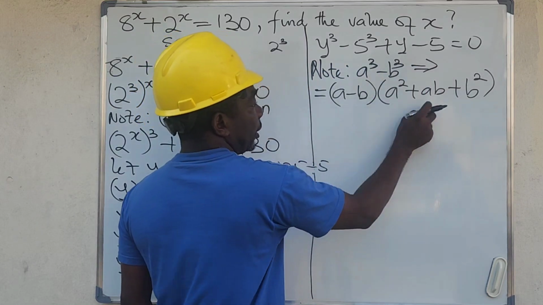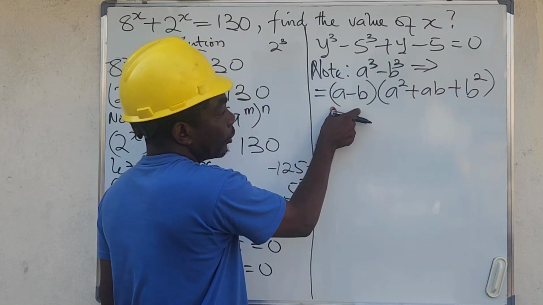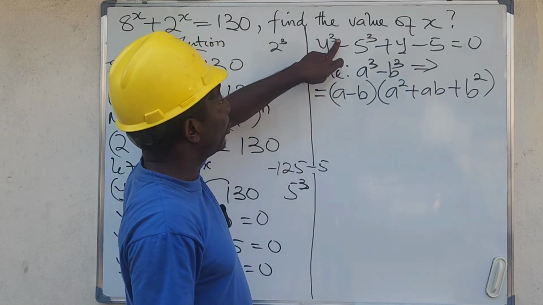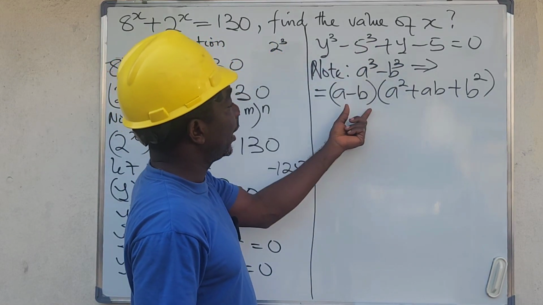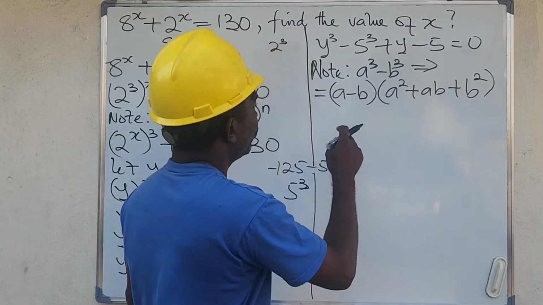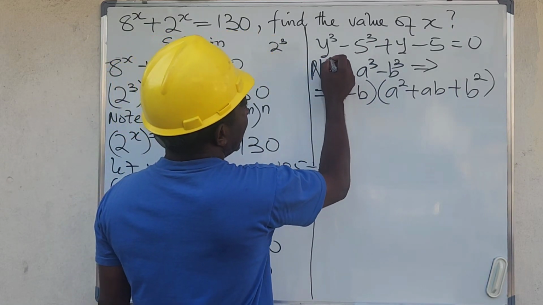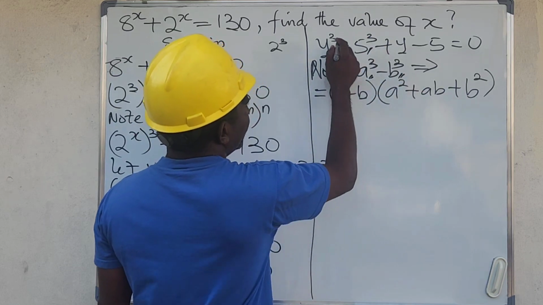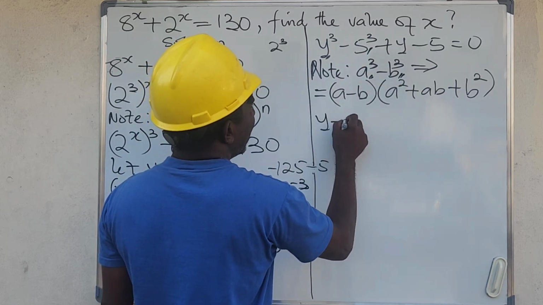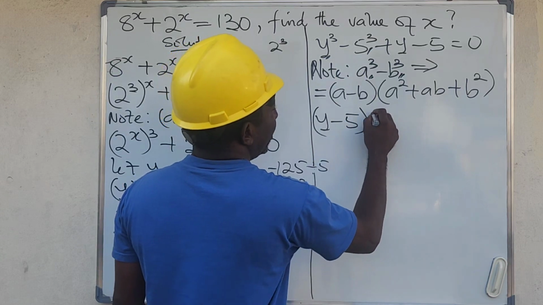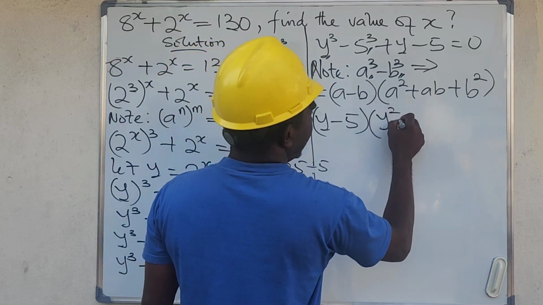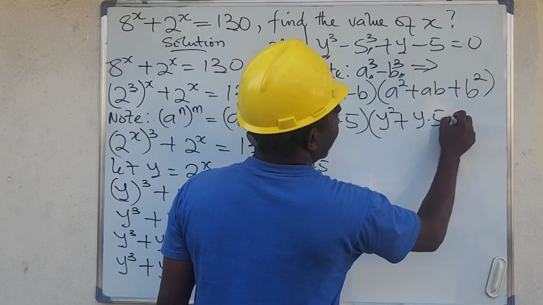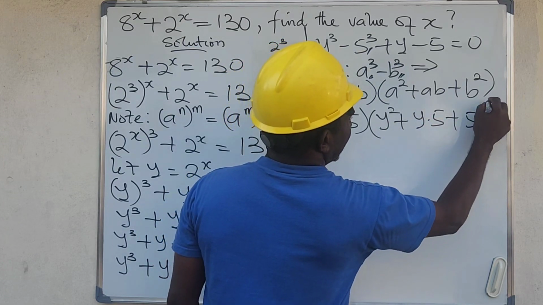We are going to express y raised to the power of 3 minus 5 raised to the power of 3 in this format. In this case, y is a and 5 is b. So here it will become y minus 5 all into y squared plus y times 5 plus 5 squared.